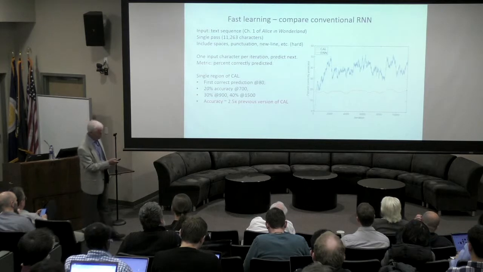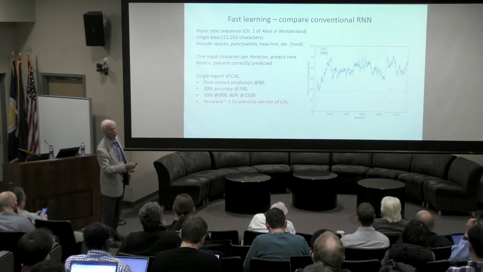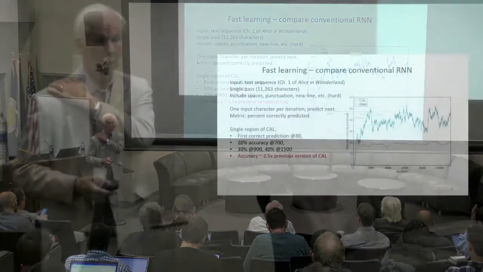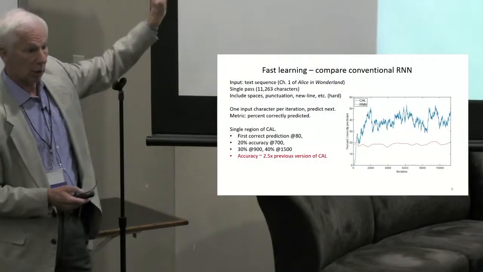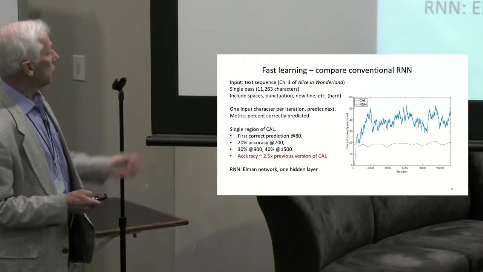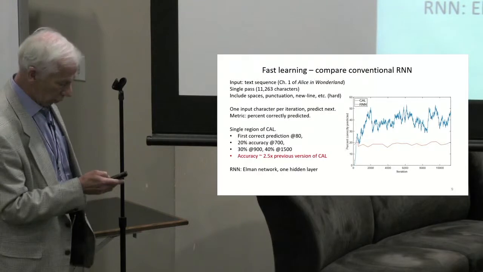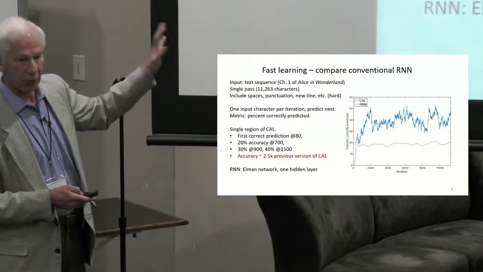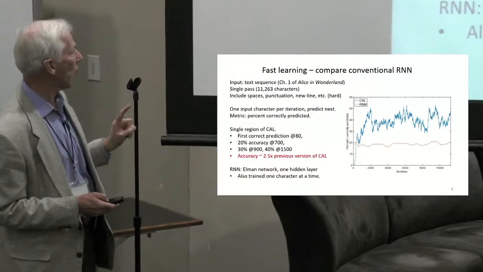So this accuracy of averaging around 40% is 2.5 times more than we had a year ago. So that's the big advantage of the algorithm changes that I described. If we compare that with the recurrent neural network, that is not operating the best way for a recurrent neural network, it's also batch size 1.